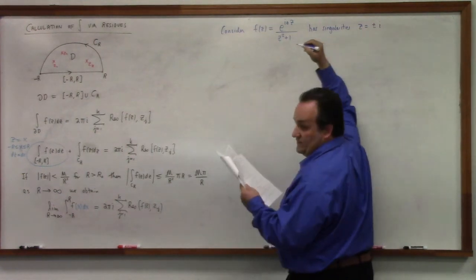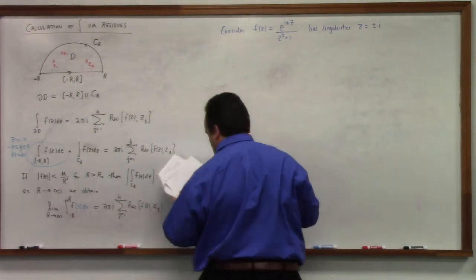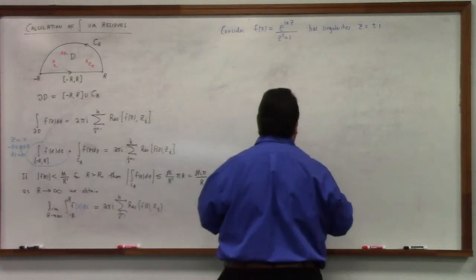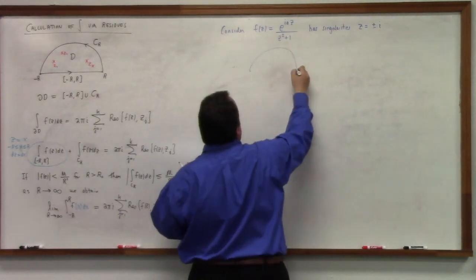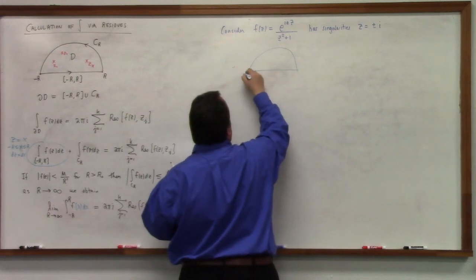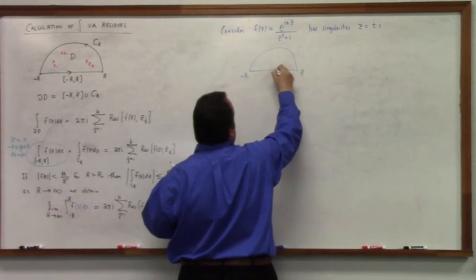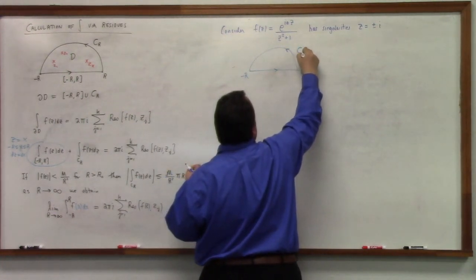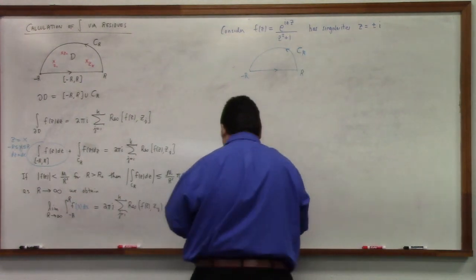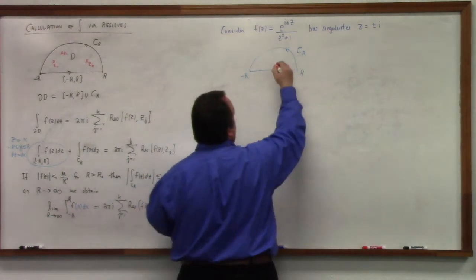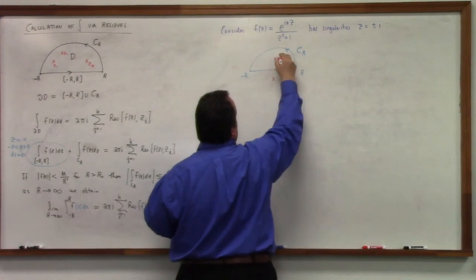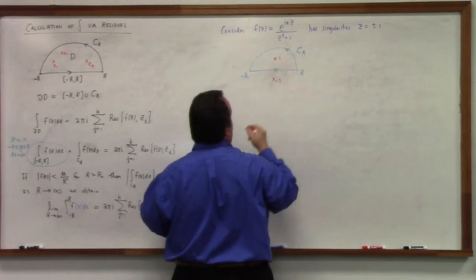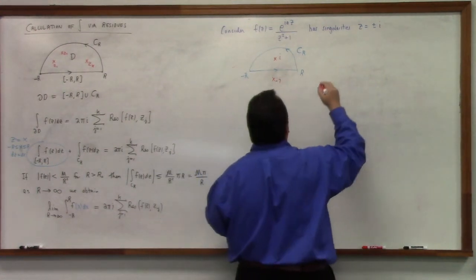Now i is the relevant one. So if we look at the half circle like so, from minus r to r, C_R, we just have the singular point here.